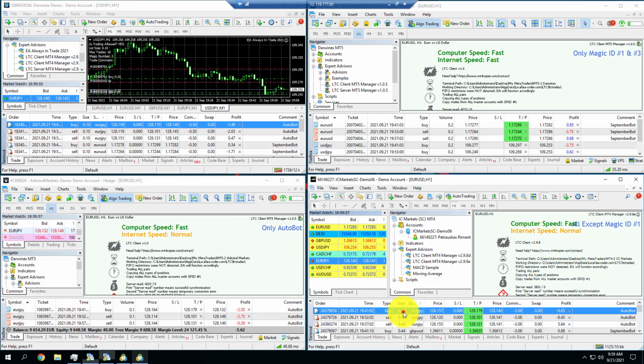So on 4.4 mini lots, it should be something above $2, $2 something. But IC Markets just charge $3 commission. Okay, so it's just more. And then we have a price difference as well of 0.5 or so pips.